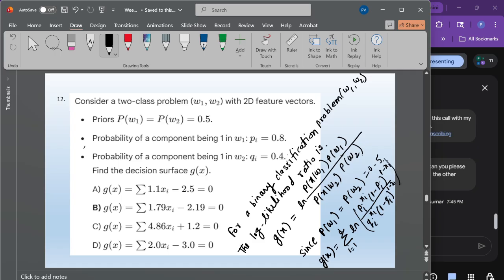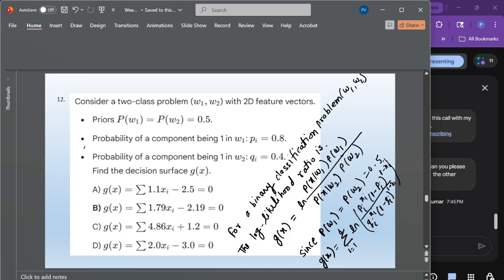So this is the equation for the individual probabilities. Now we can further solve it.